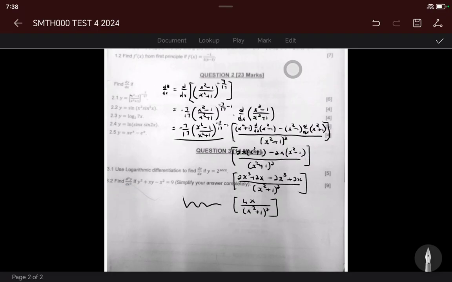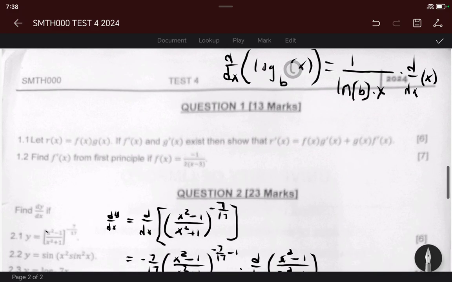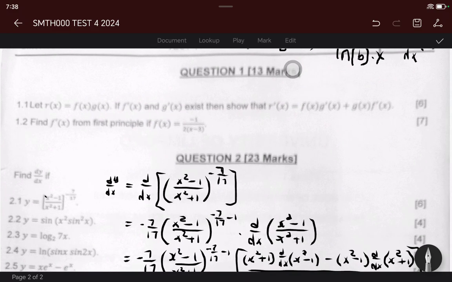Then another way to make it simple and accumulate those 3 marks, you can just look at the question. When you're deriving here, you can let this be g, or let that be some function. Let's say you let u be equal to x squared minus 1 over x squared plus 1.